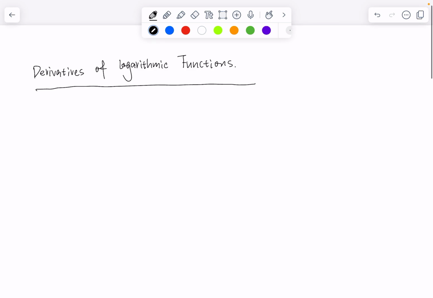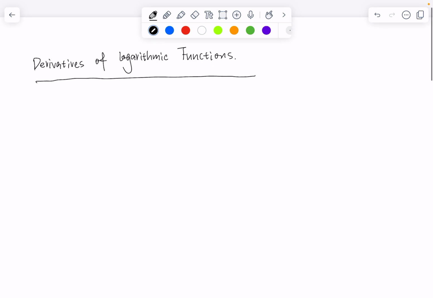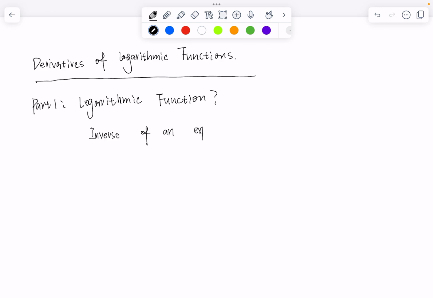So let's get started. Part 1, what is a logarithmic function? First, a quick refresher. A logarithmic function is an inverse of an exponential function.